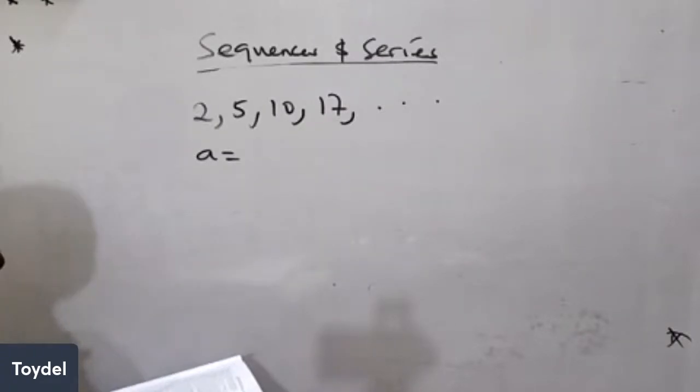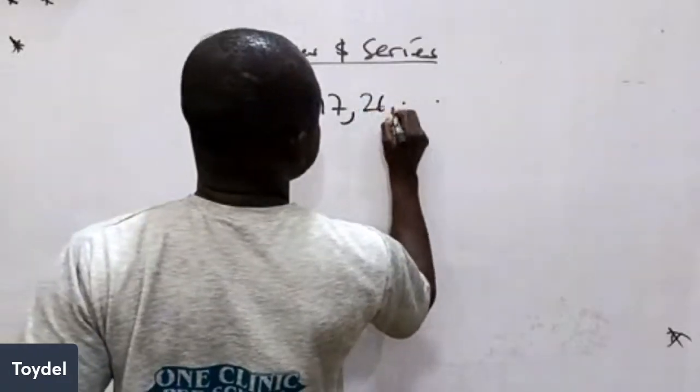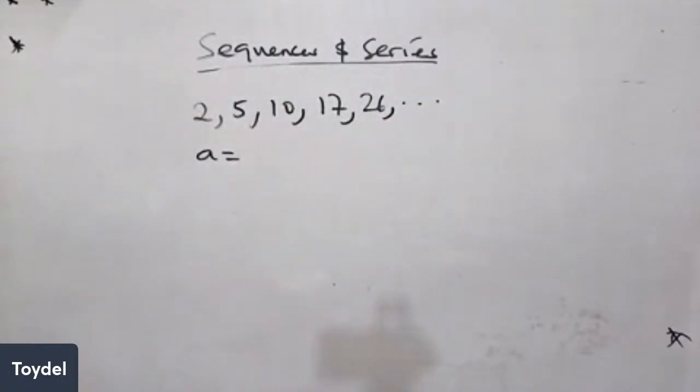Now, let's look at this. What do we have on the board? Find the seventh term of the sequence: 17, then 26, there is 26 here. What is the nature of this sequence?